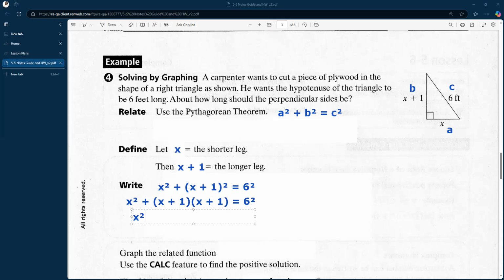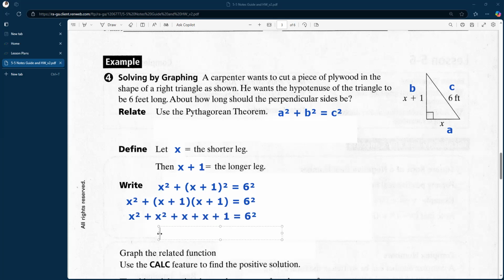Expand, that's going to give me x squared plus x plus x plus 1. And don't forget the x squared from the shorter leg. And all of that equals my hypotenuse.